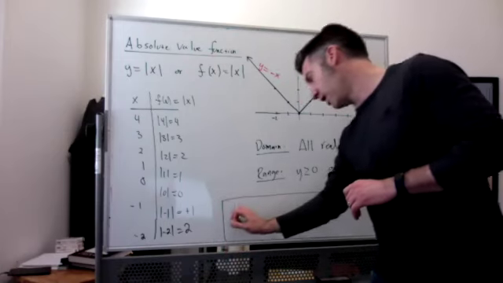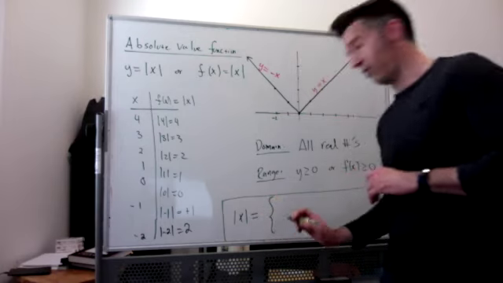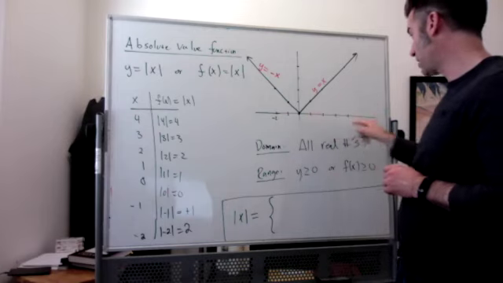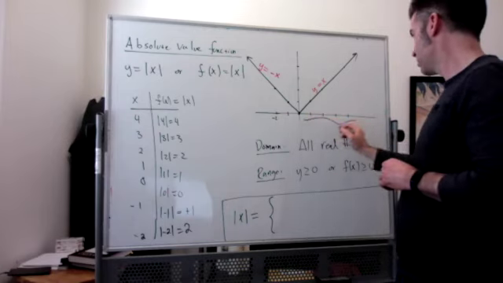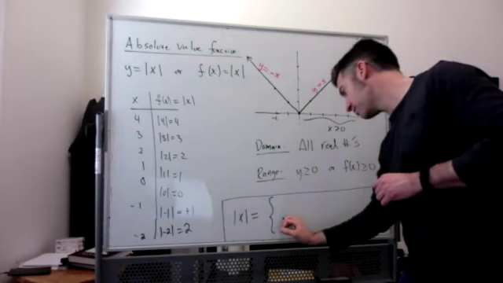We can also say that the absolute value of x function is equal to the piecewise function, where if x is positive, over here, it's just equal to y equals x.